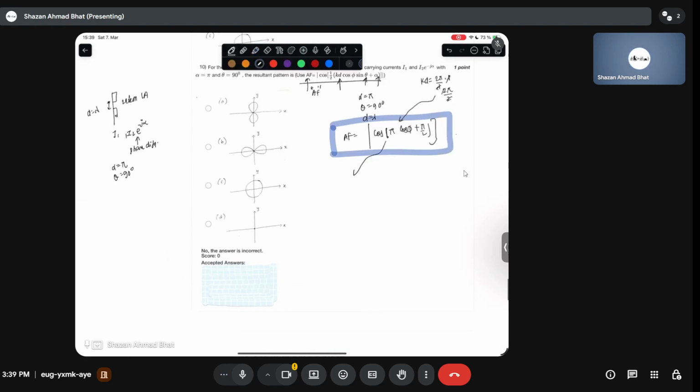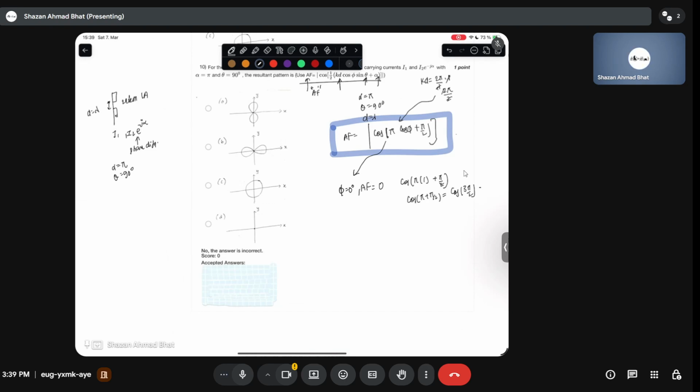Now again, for phi equals 0, your AF will come out to be 0. Why? Because you have cos of pi, cos of 0 will be 1, plus pi by 2. It'll be cos of pi plus pi by 2, cos of 3 pi by 2, which comes out to be 0.